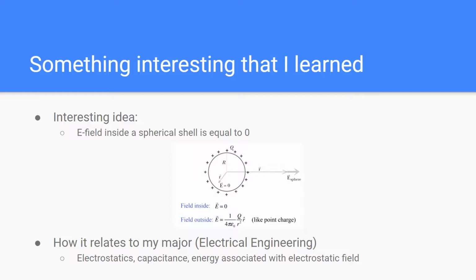As you can see in the picture, the E field inside is equal to 0 because when a point charge is placed anywhere within the spherical shell, there are E field contributions applied to the charge in every direction, and they cancel out, leaving the E field at the point charge inside the spherical shell equal to 0. The field outside is basically calculated using the point charge principle.